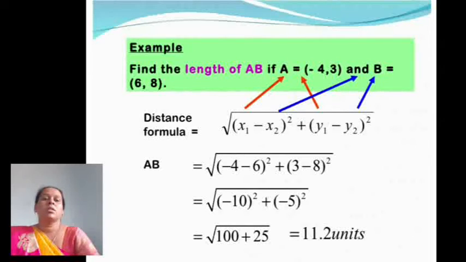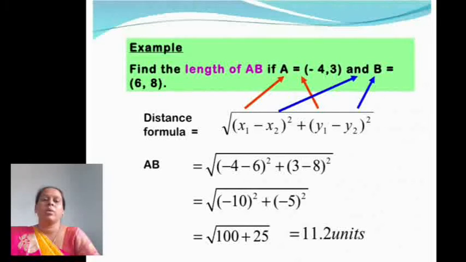To find the distance AB, first write the distance formula: under root x1 minus x2 bracket square plus y1 minus y2 bracket square. Here the value of x1 is minus 4, the value of x2 is 6, the x coordinates of both the points. The value of y1 is 3 and the value of y2 is 8, the y coordinates of the given points.